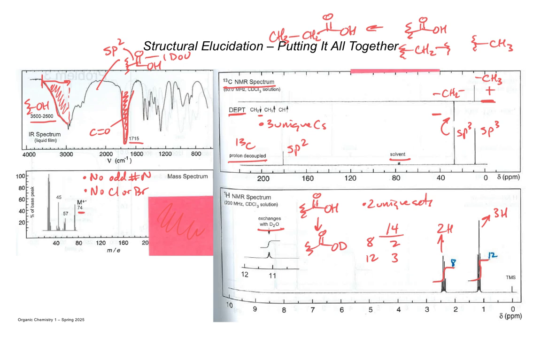So overall, we end up with this 3-carbon acid, which would be called propanoic acid. The other thing I want to point out, I'll redraw the structure down here.